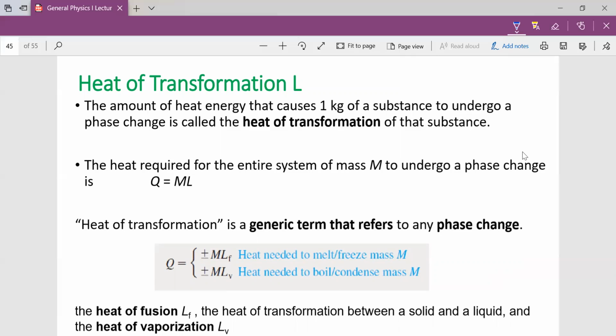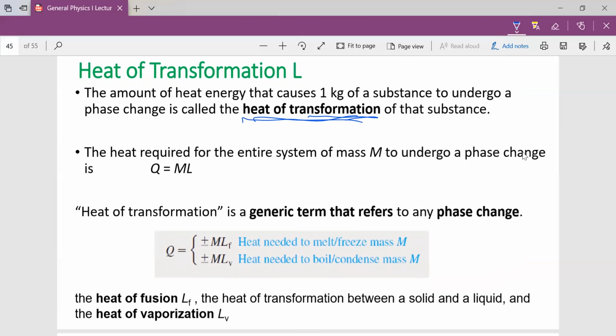As long as your parameters are defined, some textbooks did not use L, but in our current text, we are using L. So the amount of heat energy that causes 1 kg of a substance to undergo a phase change is what we call the heat of transformation. So heat of transformation is simply describing phase change as it relates to the amount of heat energy required. Okay, we saw the application of heat energy as the steady flame applied under those containers.